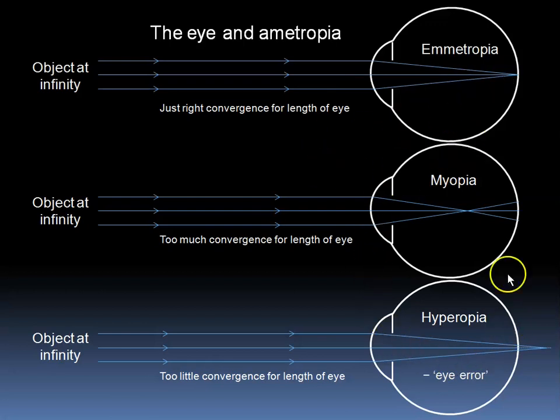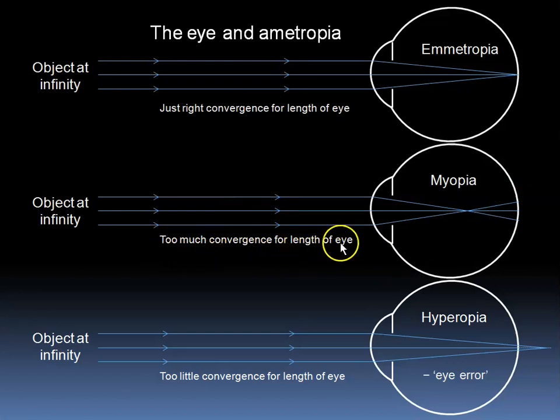Any other state is called ametropia. Ametropia can be myopia or hyperopia. In the case of myopia, the non-vergent light is focused too close, too far in front of the retina. Back at the retina, the rays have diverged again and formed a blur circle.